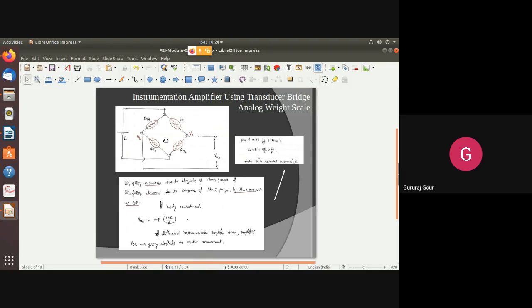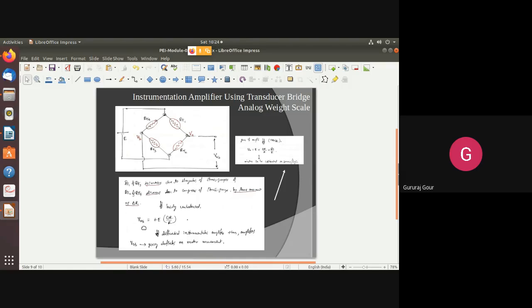In the same manner, we'll take RT1 and RT3 as increased when you put the weight, and RT2 and RT4 as decreased due to compression, by some amount delta R. So RT1, RT3 increased, RT2, RT4 decreased. This is how we can think of the bridge as unbalanced.